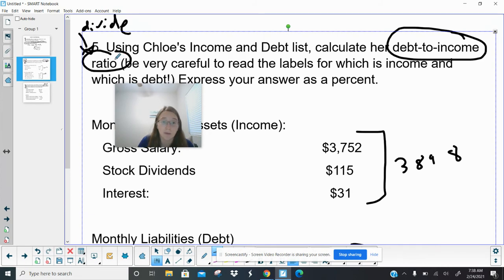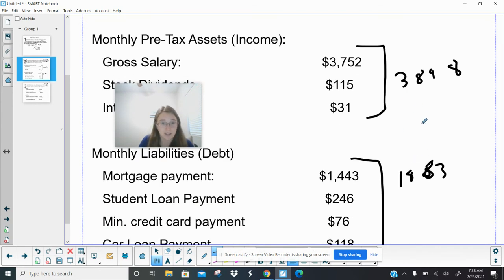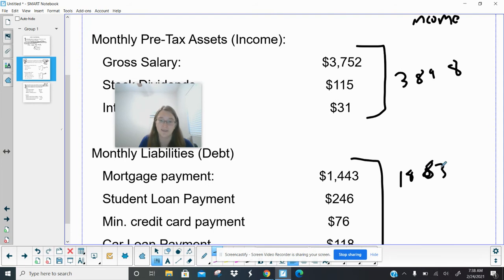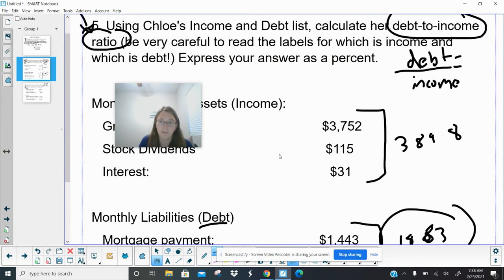Now here's the other problem you probably had. You may have done this correctly. However, debt to income means debt's on the top, income is on the bottom. Now they tell you the income first because these are positive things and these are negative things. But the debt number had to go on top. So it would have been 1883 up here, and then the 3898. So that could have been your other problem. If you subtracted, you thought it was a net worth question.